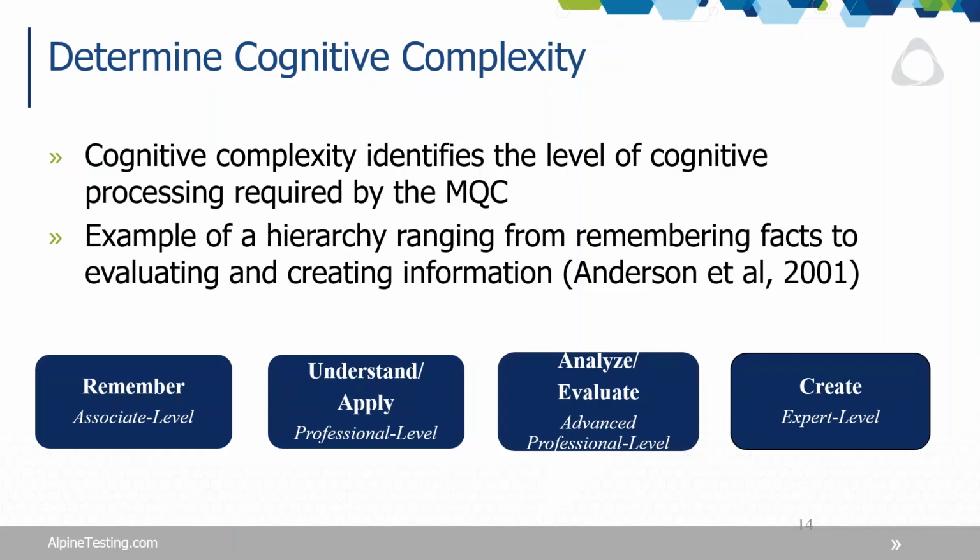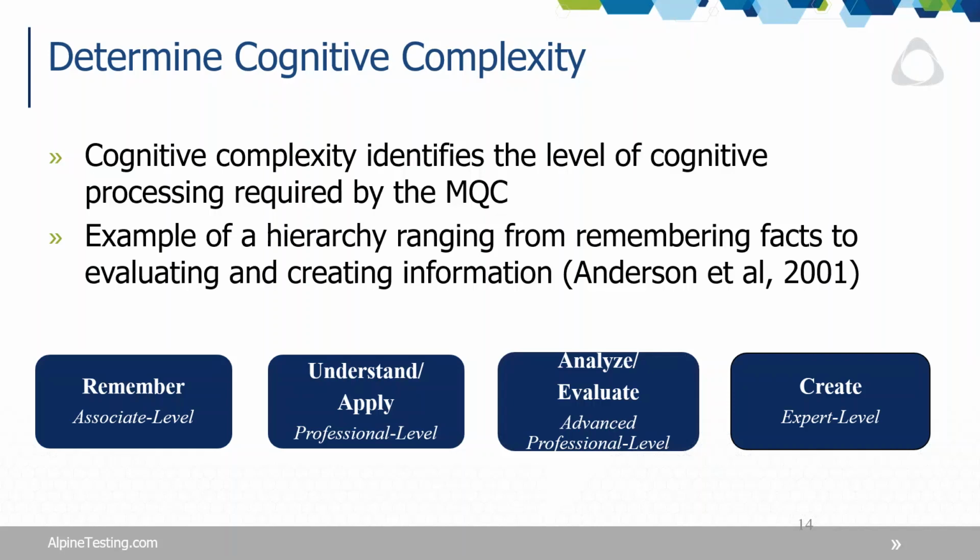So if you really need to analyze and evaluate on the job, but you're only writing remember-level questions where people are just remembering facts, then even though you are measuring appropriate content, you're not measuring it at an appropriate level for the exam. So something we recommend during the job task analysis process is, when you're developing things like test objectives based on those job tasks, that you explicitly call out the level of cognitive complexity you would expect an entry-level candidate to be able to do for each of those tasks.